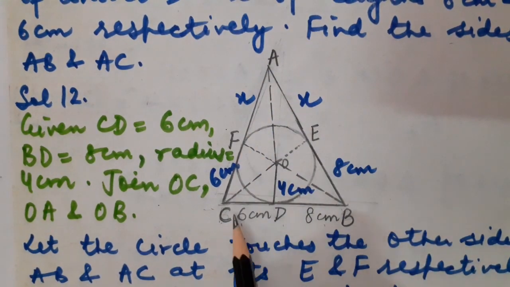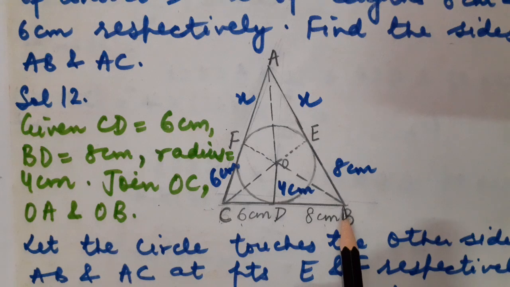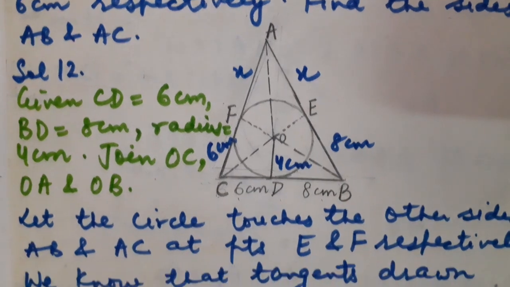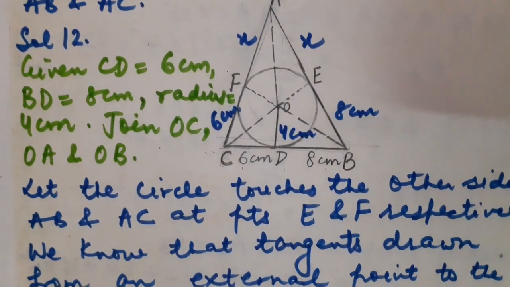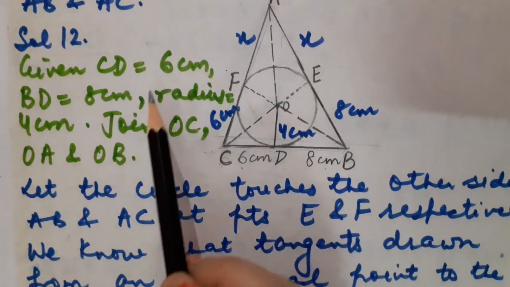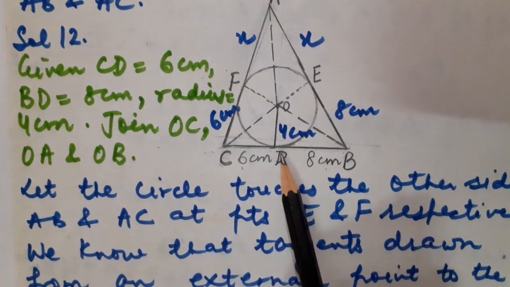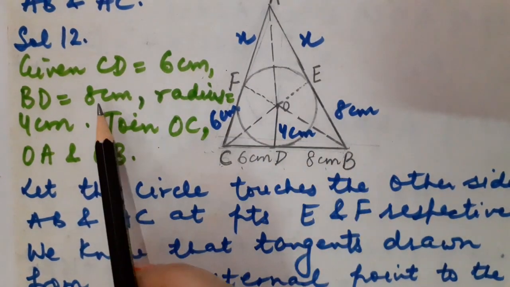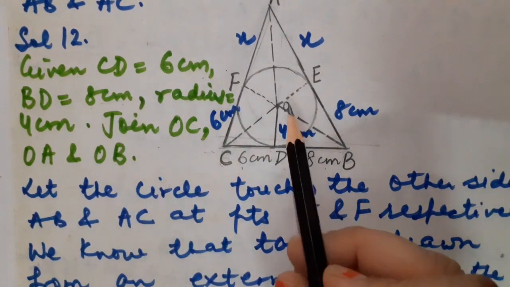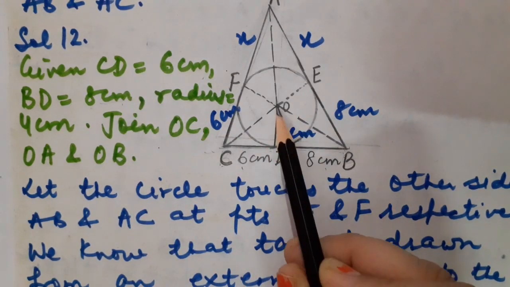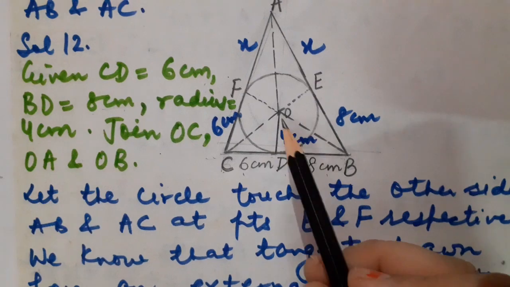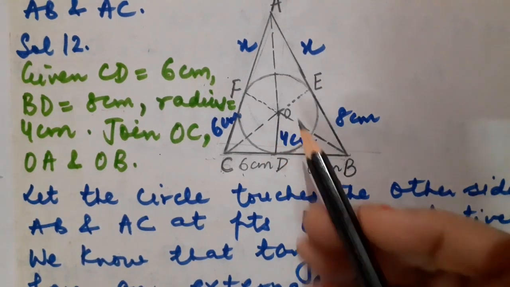Fine, children? Because BC I know that is 14 centimeter. So let us start its solution. What is given? CD is equal to 6 centimeter. DB or BD is equal to 8 centimeter. And radius, children, you know that has been given, that is 4 centimeter. So here OD is 4 centimeter.